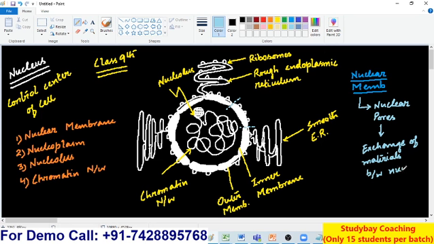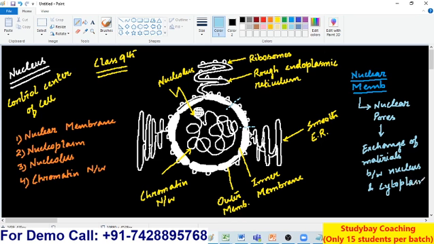Now, I'm sure you know very well about the cytoplasm. Cytoplasm is a jelly-like fluid which fills the cell and exists outside the nucleus. Okay, so that is the main function of your nuclear membrane or nuclear envelope.